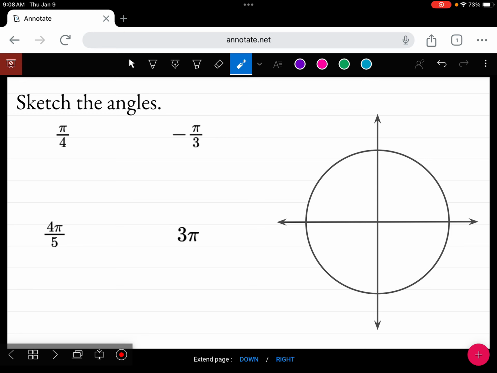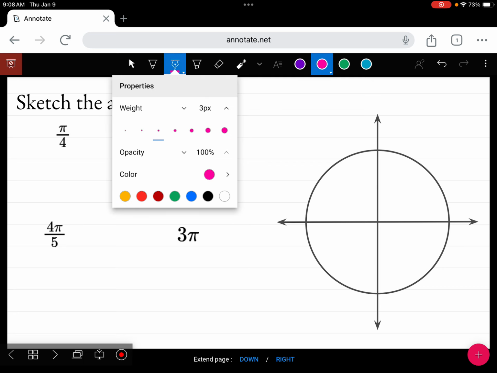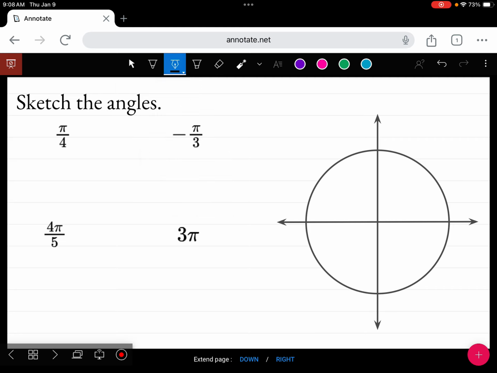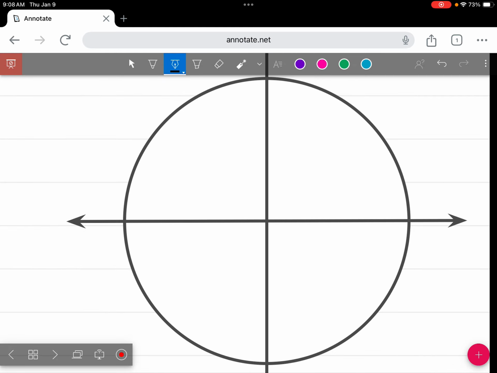All right. I'm going to do all 4 of these angles on the one circle. Important things to have on here would be those pieces that we just figured out. This is always our initial starting position, right here on the x-axis.